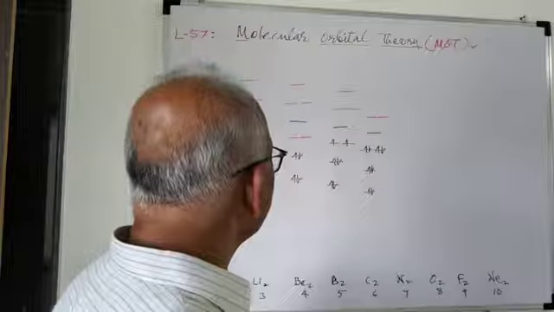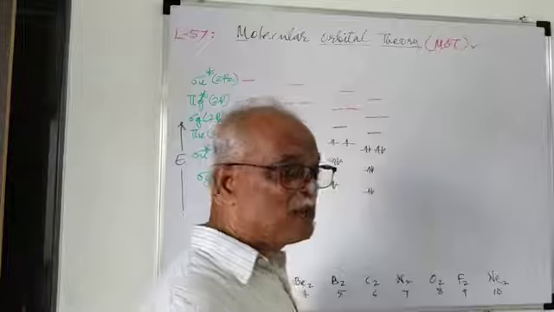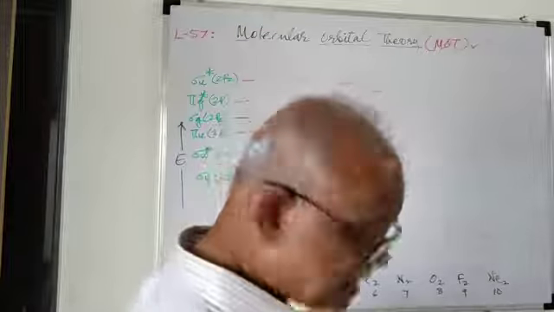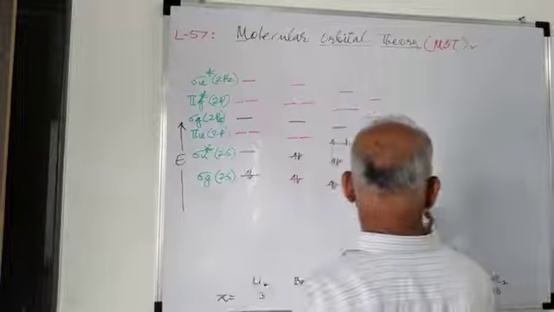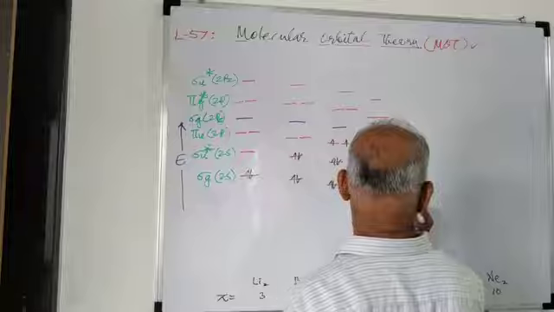Now we will have the next molecule like this, and the electron distribution in the molecular orbitals having these energy levels is like this.